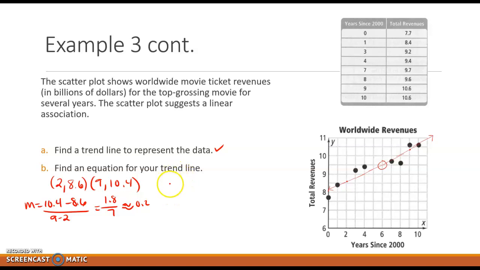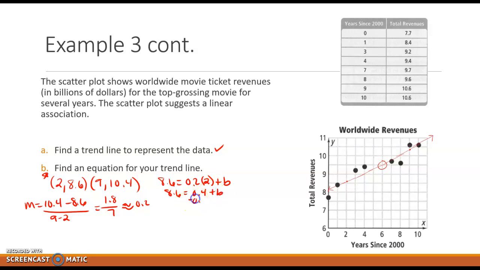From here, we're going to plug in. I'm going to use this first point here. So these are my x and y. So my y, 8.6, equals my slope, which is 0.2, times 2 plus b. And we're going to find b now. So 8.6 equals 0.2 times 2, which is 0.4, plus b.